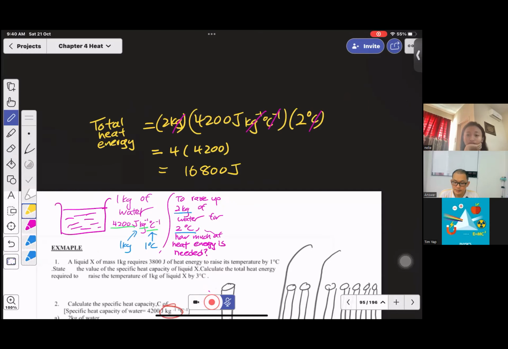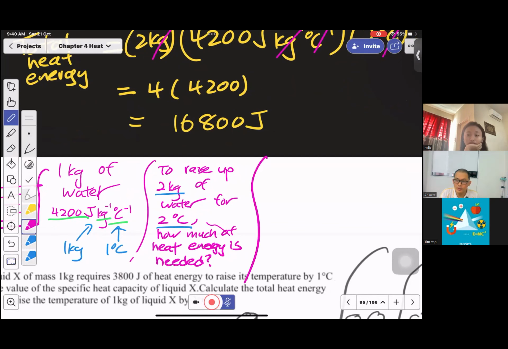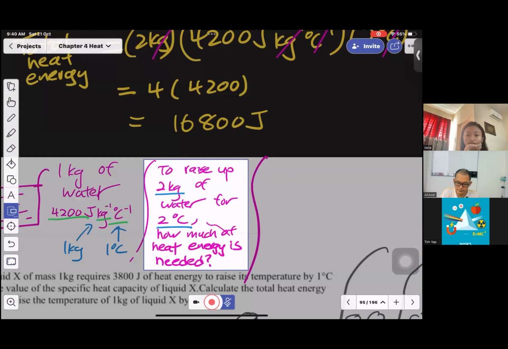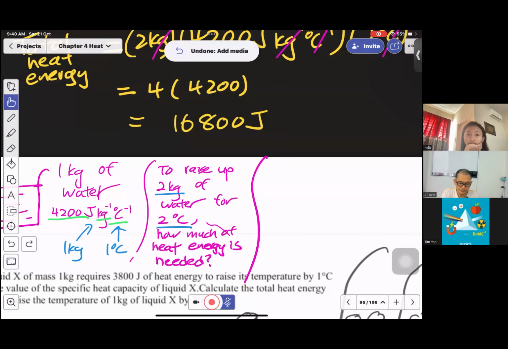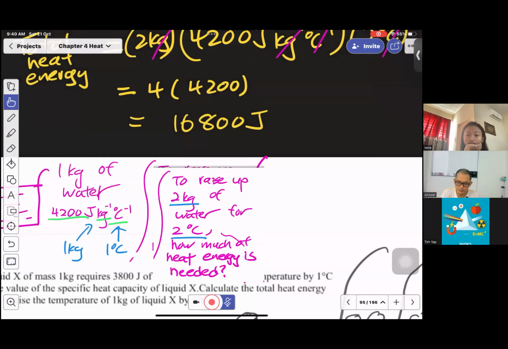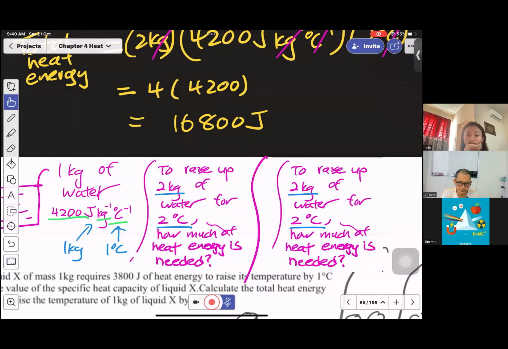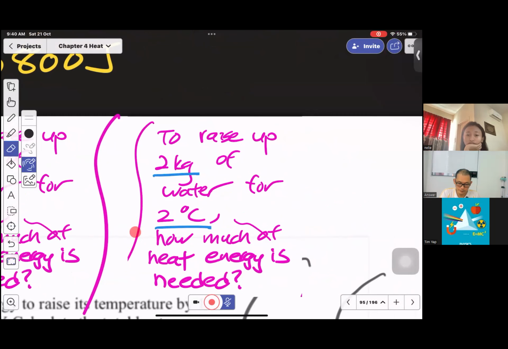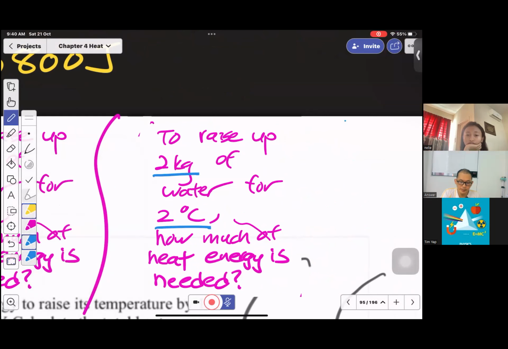Okay, next question. Now you want to raise the temperature of 5 kg by 5 degrees Celsius. So what is the total heat needed?